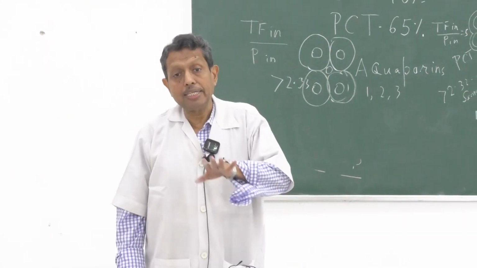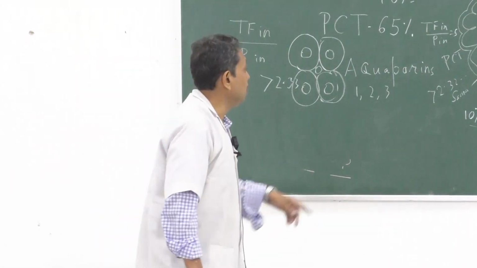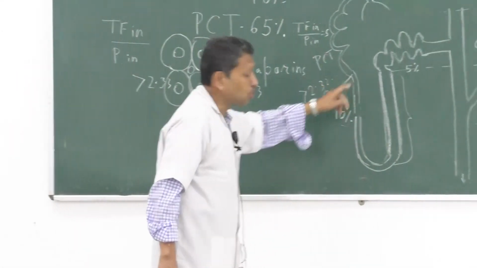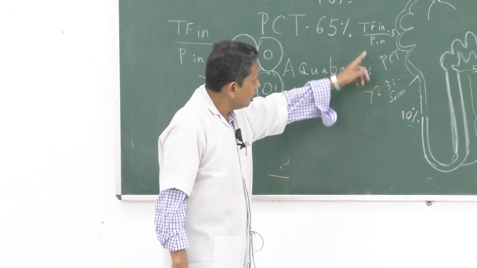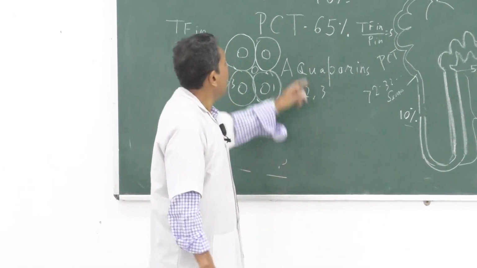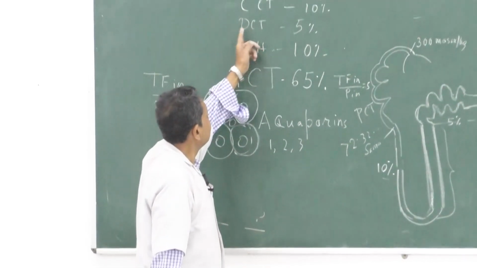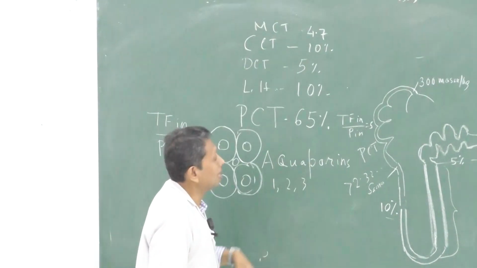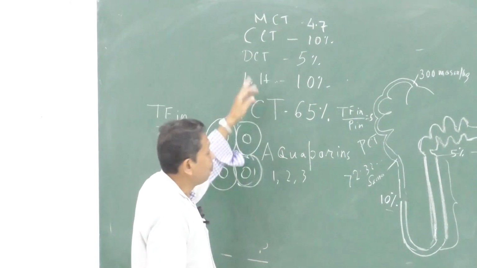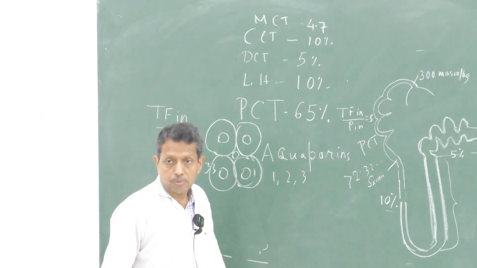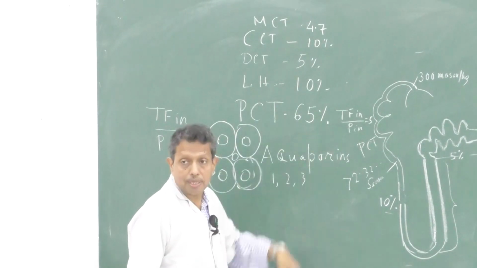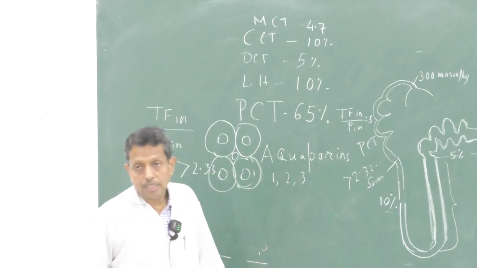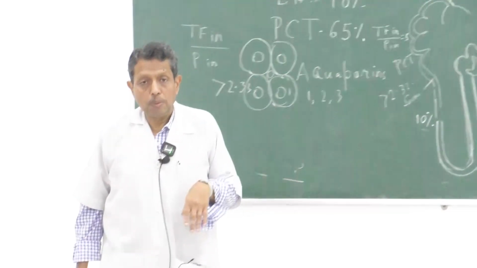So the osmolarity remains constant at the very beginning and at the end of the proximal convoluted tubule, but there is increase in the ratio, and at the end of the distal convoluted tubule, 80% is reabsorbed, 65 plus 10 plus 5, and in that condition this ratio will be 5.